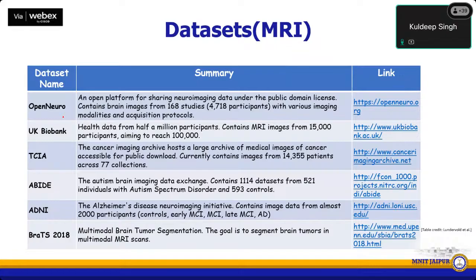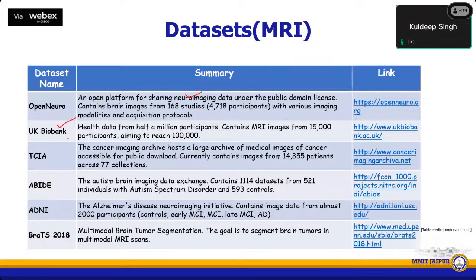OpenNeuro is for neuroimaging data, and there are a total of 168 studies, which include 4,700 patients with various variability in the imaging modality as well as the acquisition protocols.